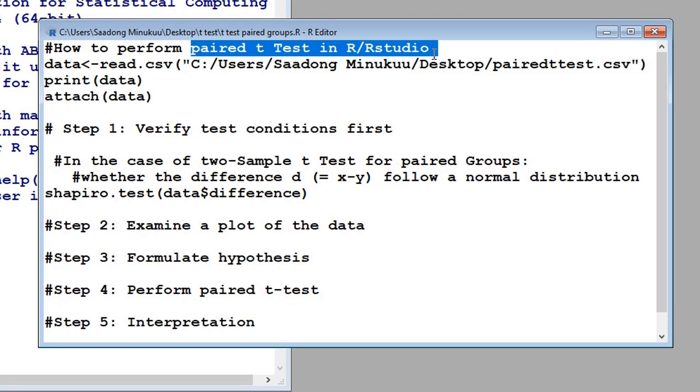So we're going to compare the mean blood sugar level before administration of the anti-diabetic drug and that after administration. So that is a before and after study. At the end of the day, we have two groups: before treatment and after treatment.